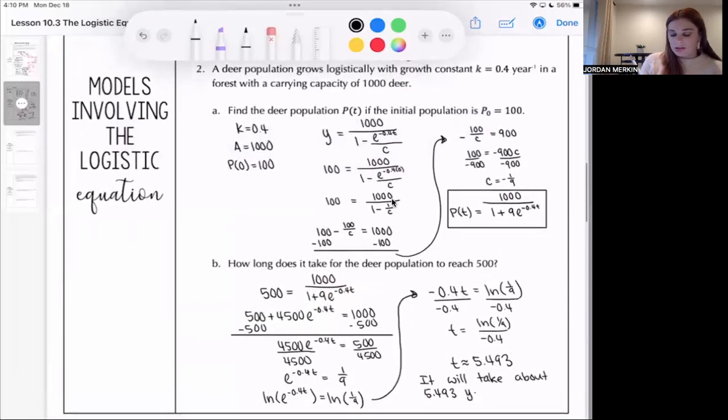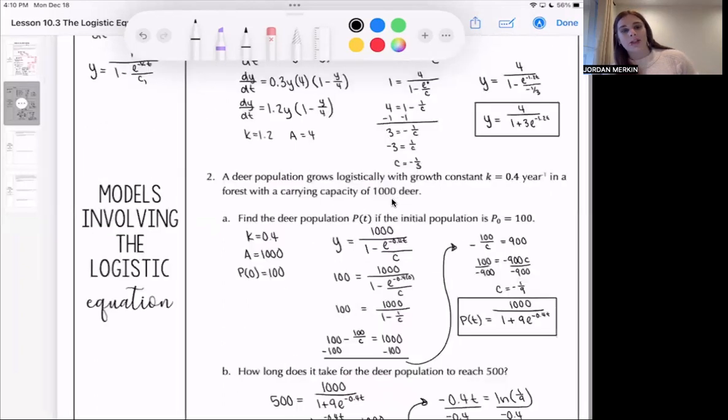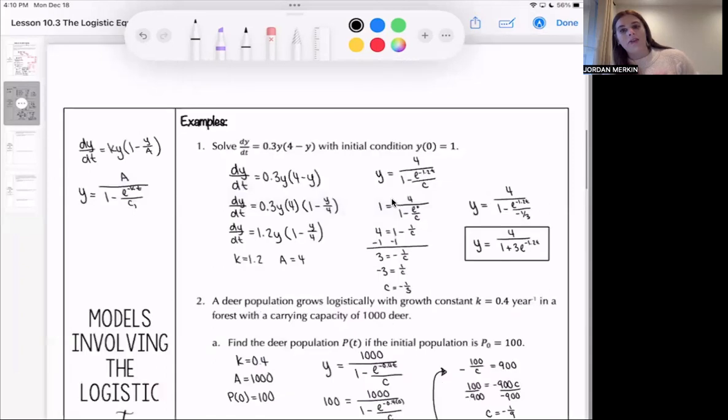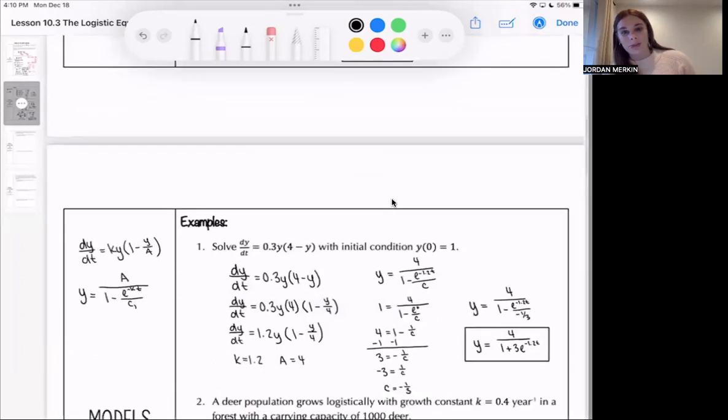So years for the population to reach 500. Okay, so you can see why memorizing that equation, the solution to that type of model, logistic model with a carrying capacity, is really in your best interest, because it can get very, very complicated to solve those differential equations.